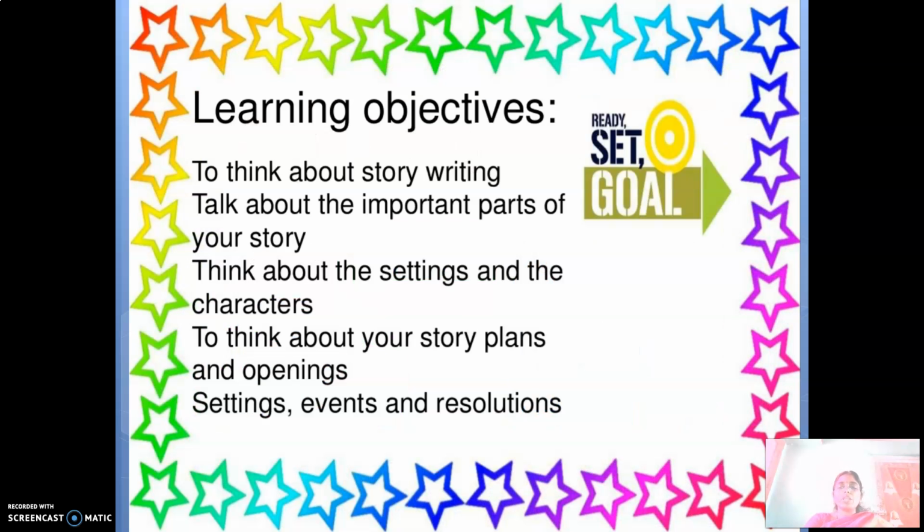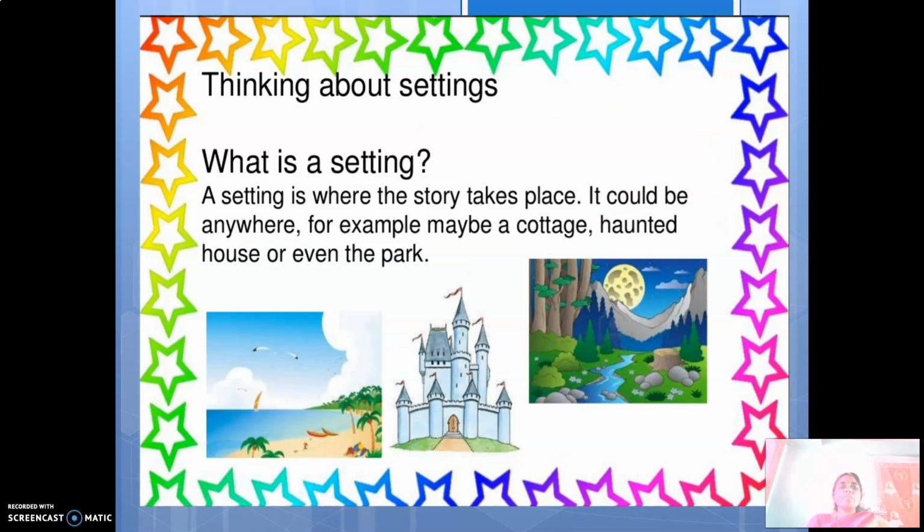Now in this session, what are your learning objectives? You're going to set a goal in today's session to think about story writing. You're going to talk about important parts of your story. You're going to think about the settings and the characters. You're going to think about the story plans and openings, settings, events and resolutions, right?